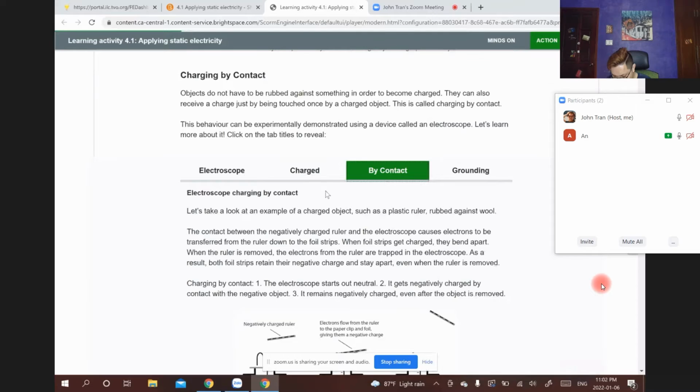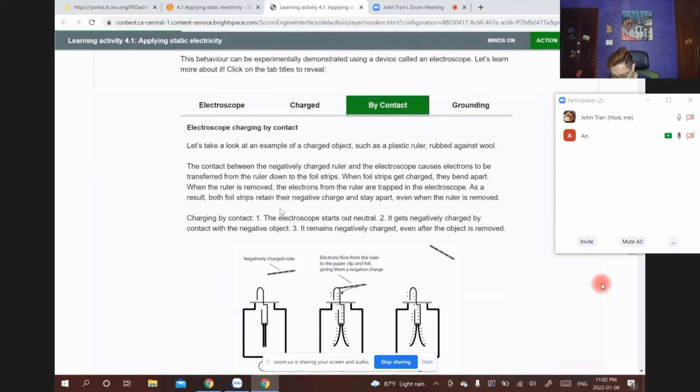By contact. Electroscope charging by contact. Let's take a look at an example.